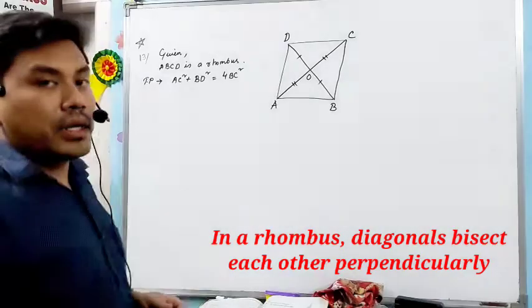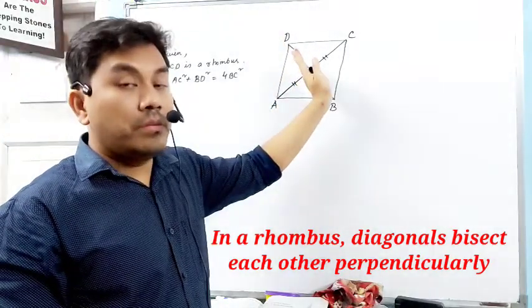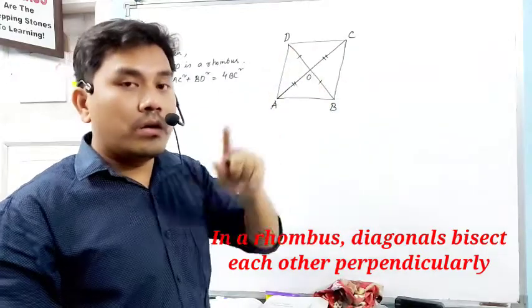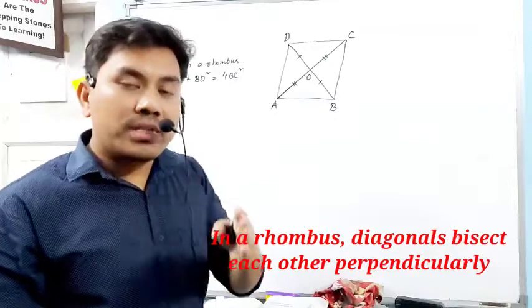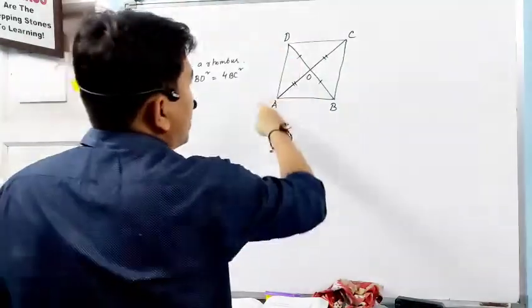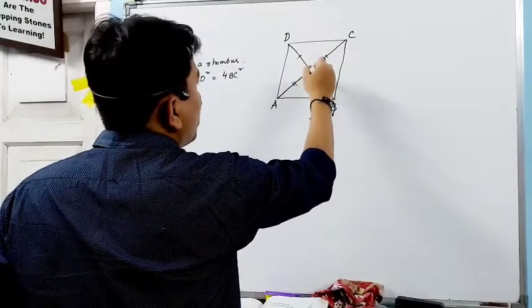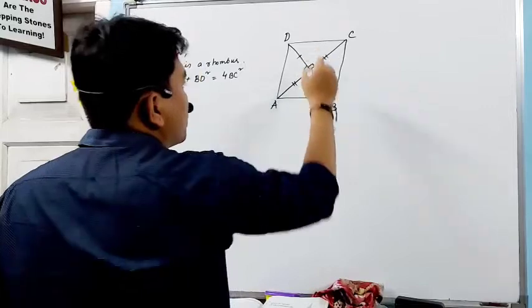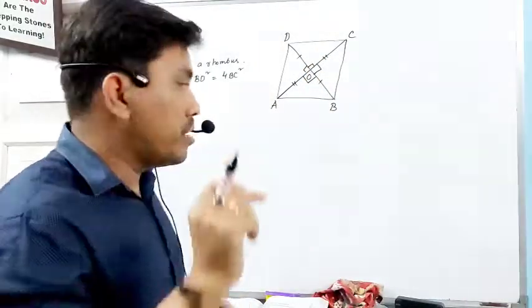Now the diagonals will be bisecting each other perpendicularly. Not only will they bisect each other, they will bisect each other perpendicularly. Okay, this diagonal and this diagonal will be forming 90 degree at the point of intersection. Remember it, okay?